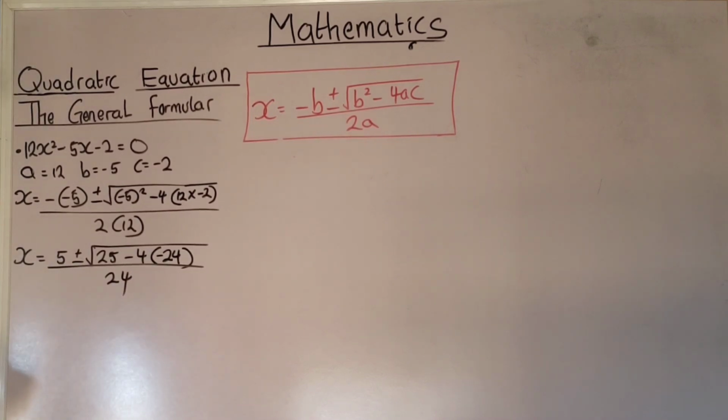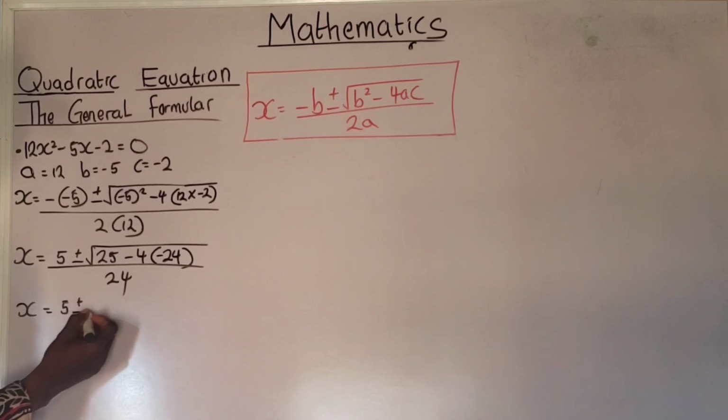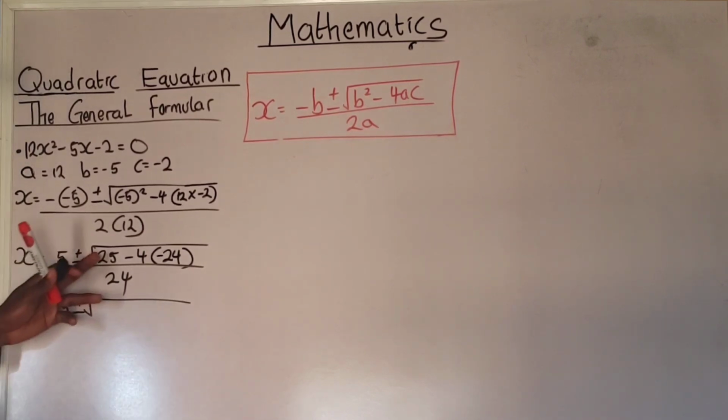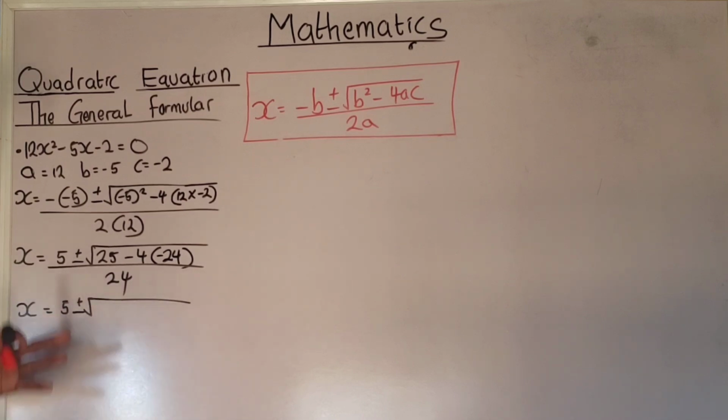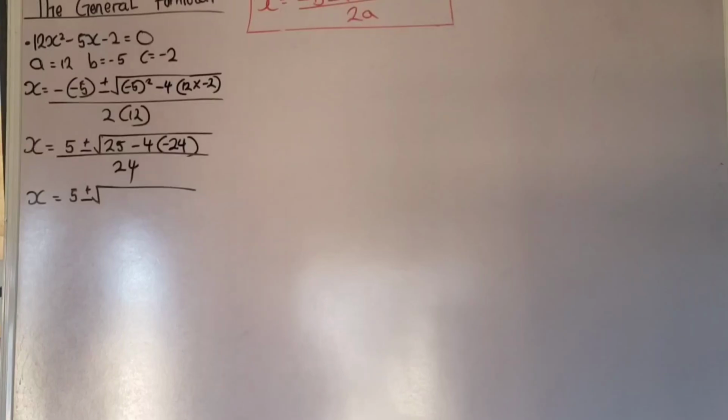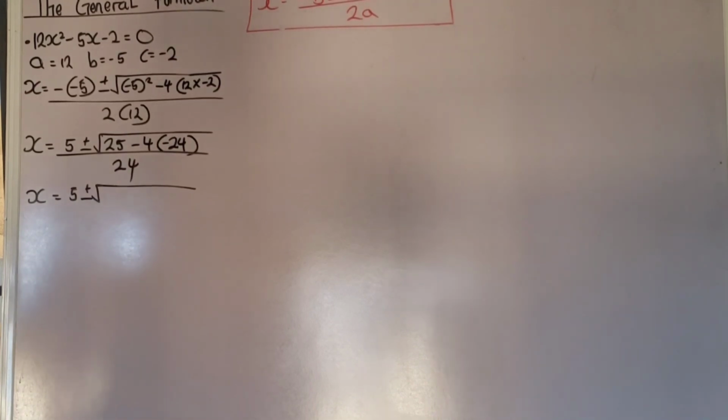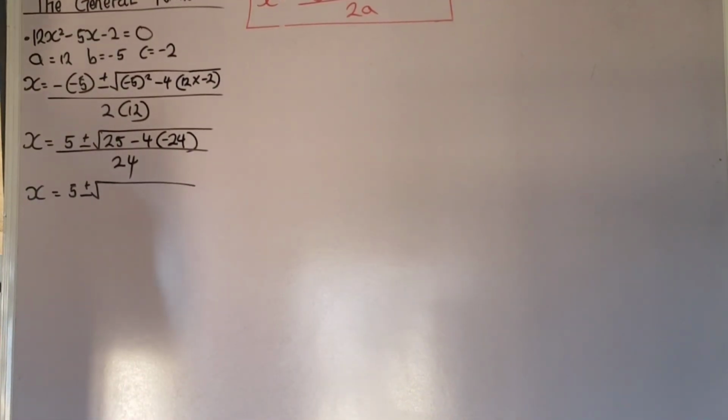Okay, let's proceed. x will be equal to 5 plus or minus, now let us simplify this, 25 minus 24 multiplied by minus 24. The first step is that you have to first take the product of minus 4 and 24. Minus 4 multiplied by 24 is 96.